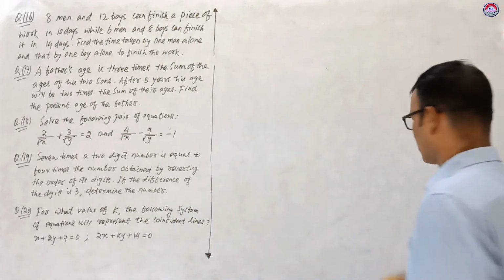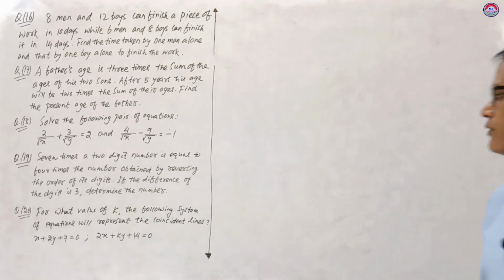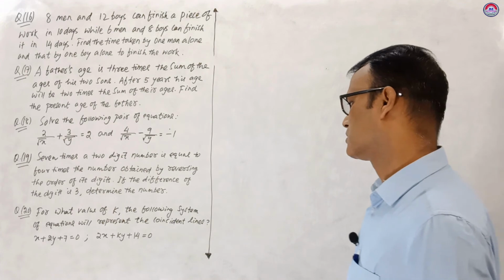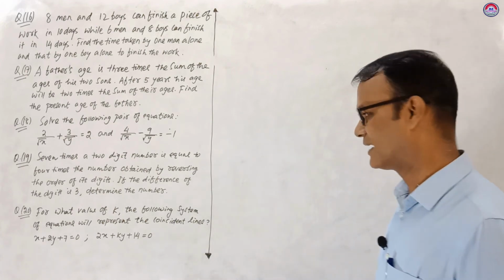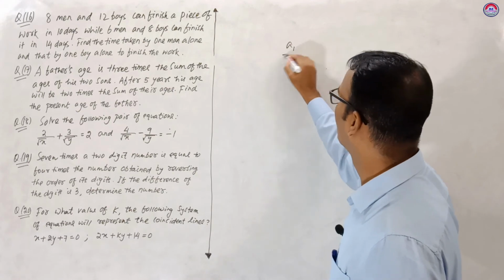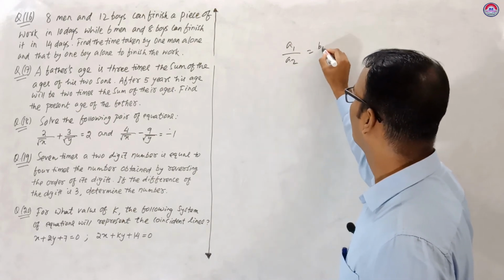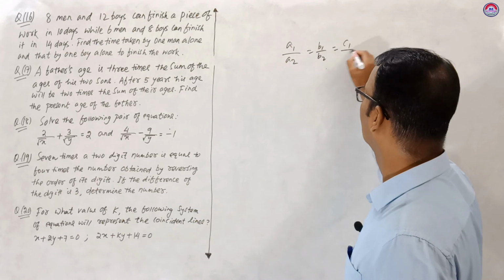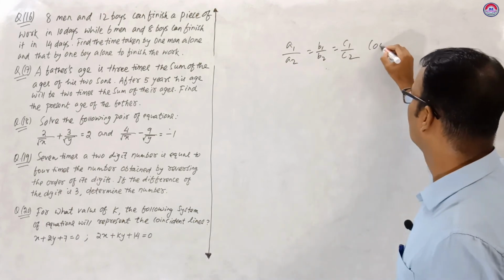Last question. For what value of k will the following system of equations represent coincident lines? Coincident lines means a1 by a2 equal to b1 by b2 equal to c1 by c2.